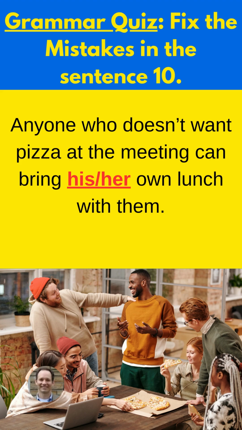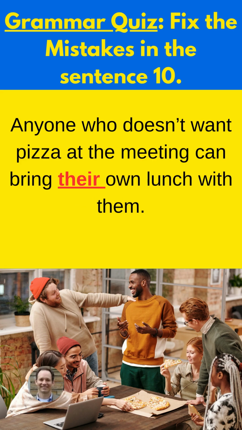That would be a little more formal English. Most people would probably say can bring their own lunch. So a lot of times we use their in a situation where we want to avoid saying he or she or him or her, even though anyone normally should be singular. In that case, a lot of times we'll use the plural pronoun after it.